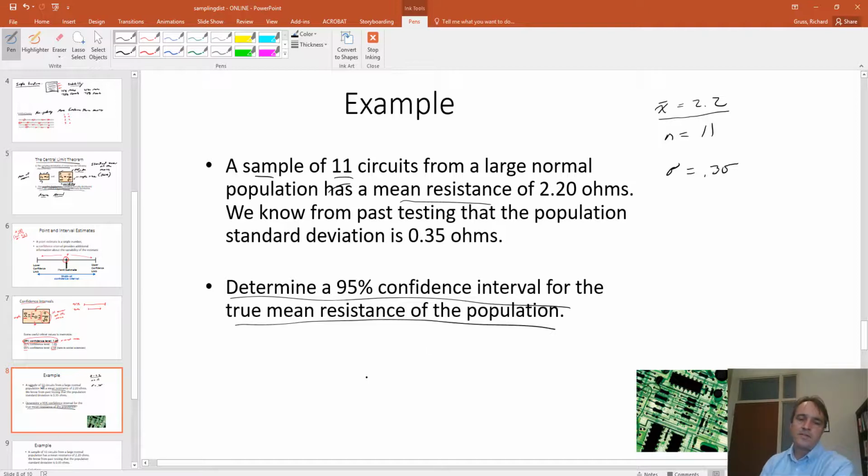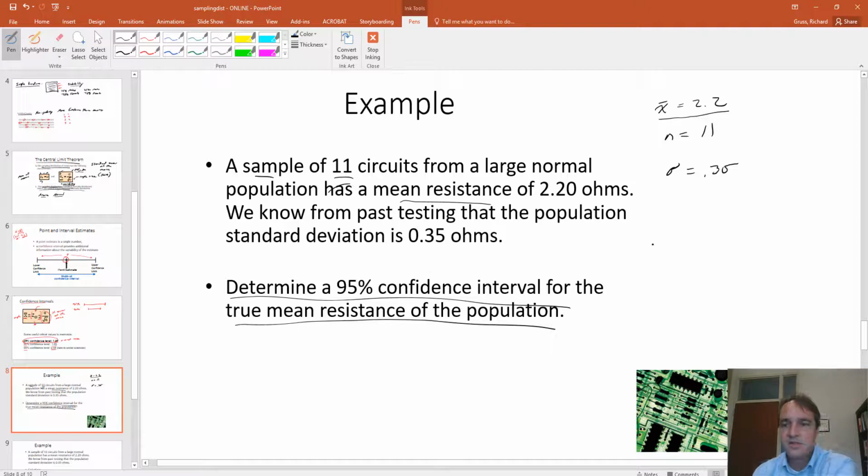We've produced 500 and we've only sampled 11. We want to be able to say what is the mean for the whole production run from this 11. So we need to do a confidence interval. We can't just say 2.2.